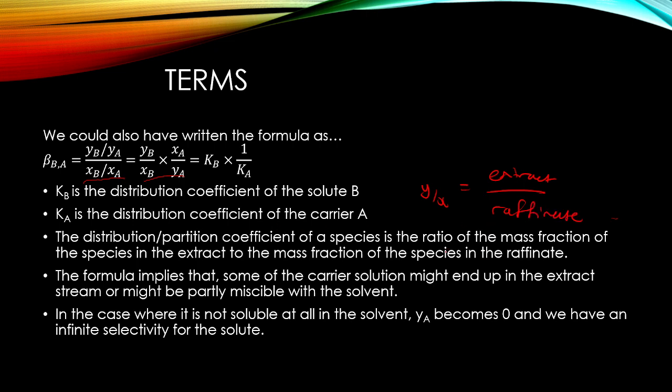So for solute B, the YB over XB will be equal to KB, which you can see over here. And for the carrier, the YA over XA is also KA, but now we have it rather as XA over YA, the reciprocal of that, right? When we have it in this form, we have what we call the relative selectivity, the selectivity of the solute relative to the carrier, right?